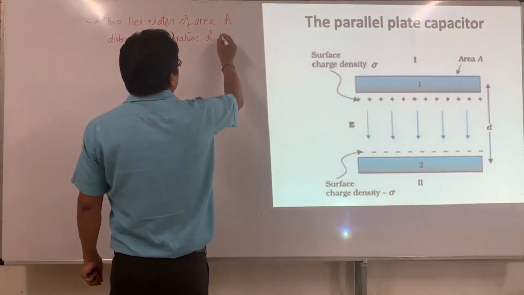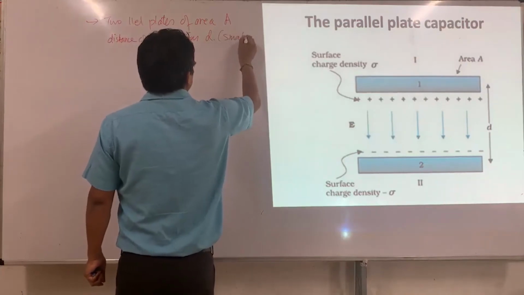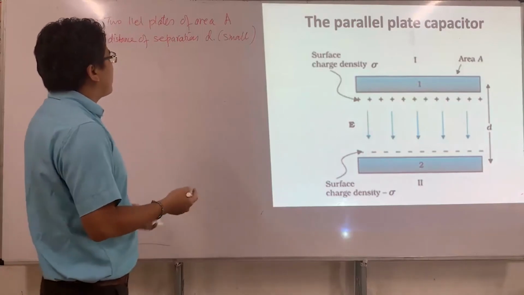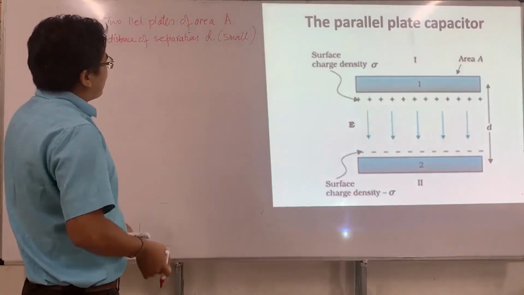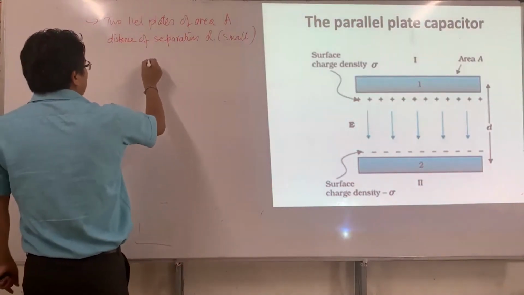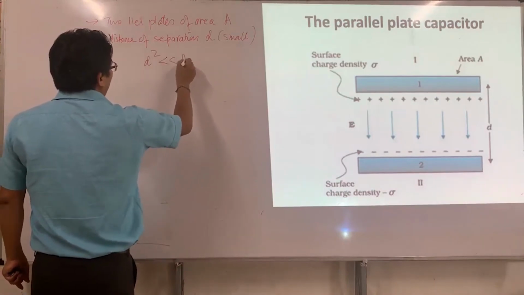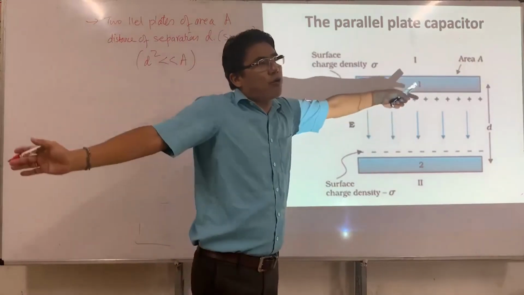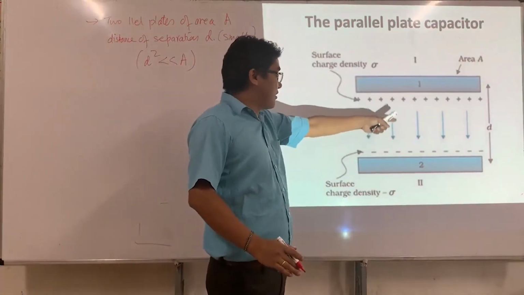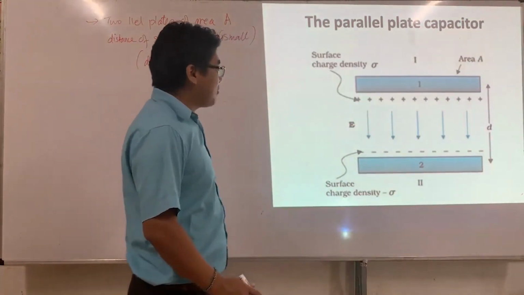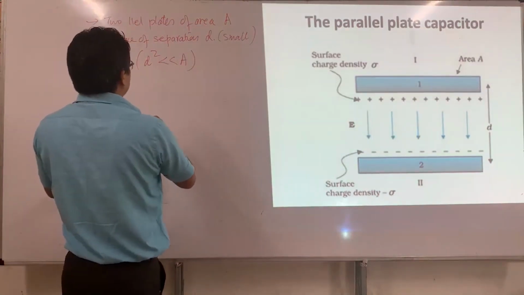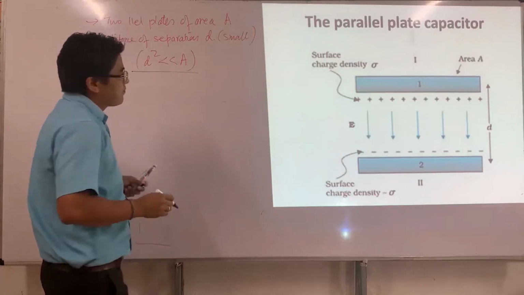How small? The distance should be very small compared to the area. So the area is going to be huge, and the distance between the two plates is going to be very, very small. This is a very important relation.